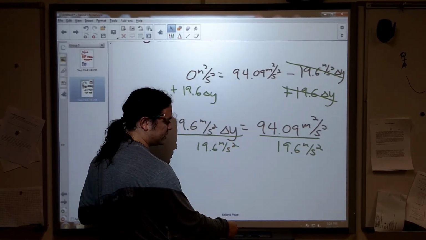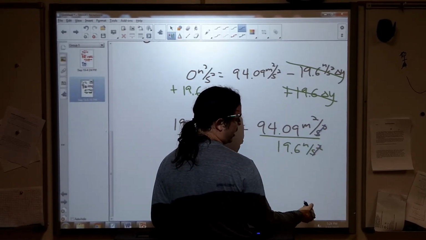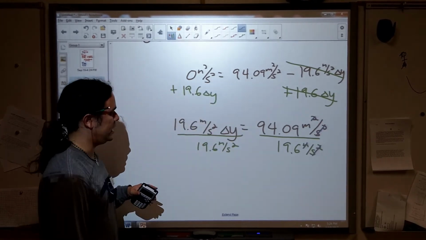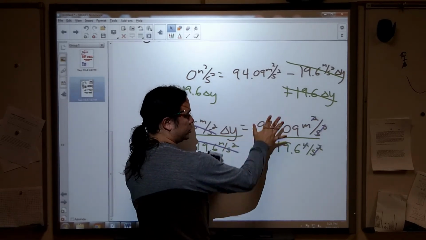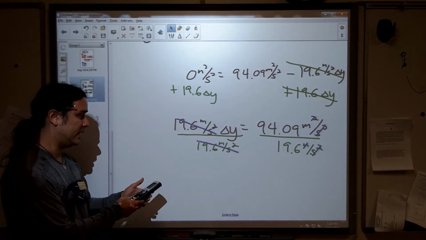Real quick, watch what happens to the units. Meters squared per second squared, the per second squared on each of those cancel out, and one of the meters cancels out. Delta y is going to be equal to some number that has units of meters. Once again, put SI in, you get SI out.